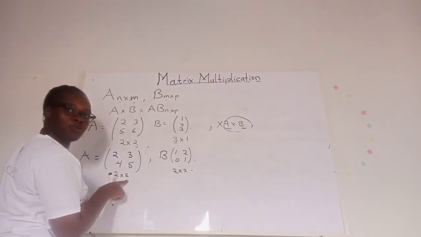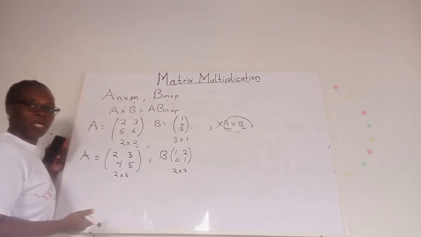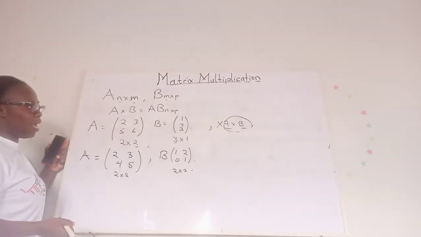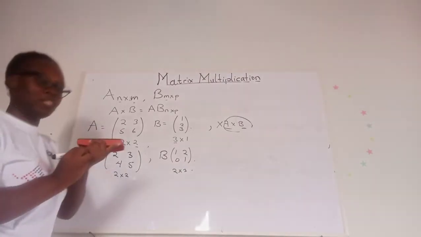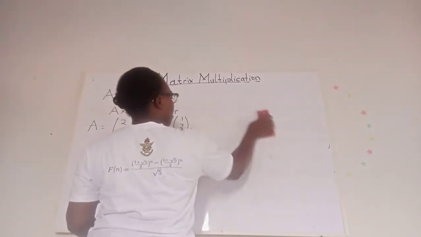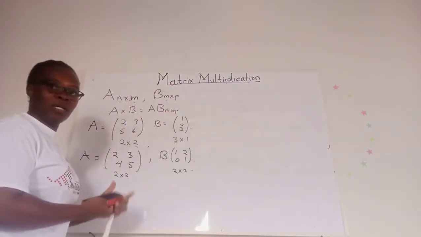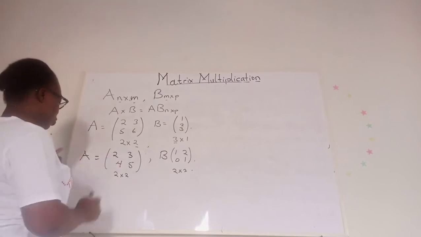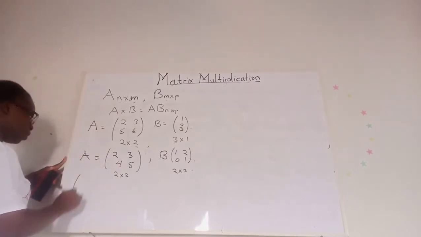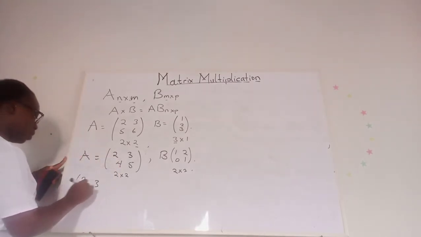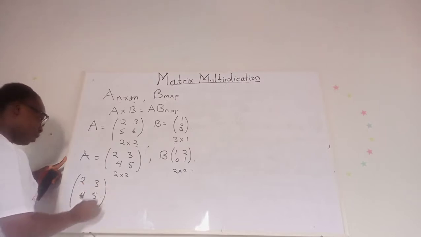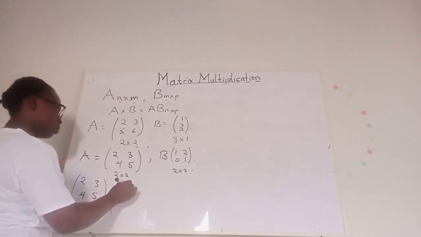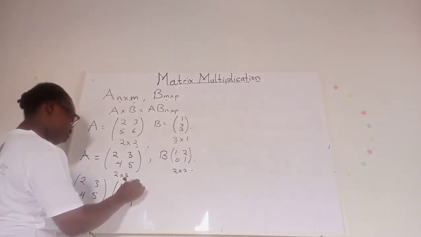How many columns? 2. How many rows? 2. So it's possible to multiply these matrices. So let's look at how we go about the multiplication of these two matrices. So I have 2, 3, 4, 5 times 1, 2, 0, 1.